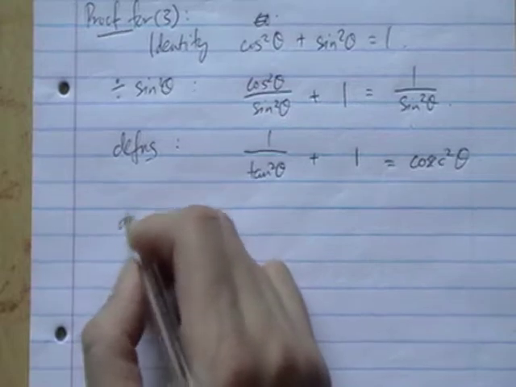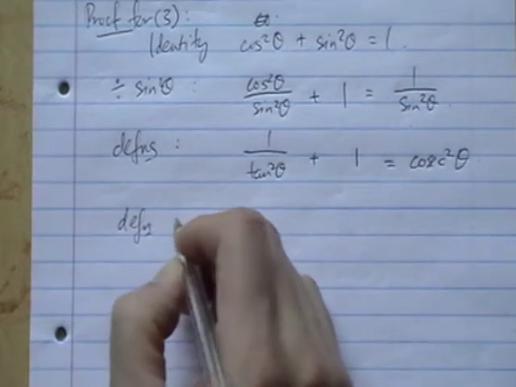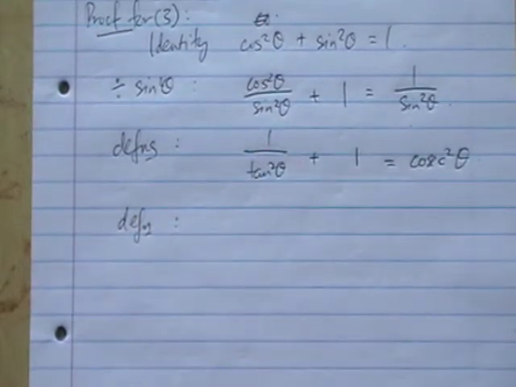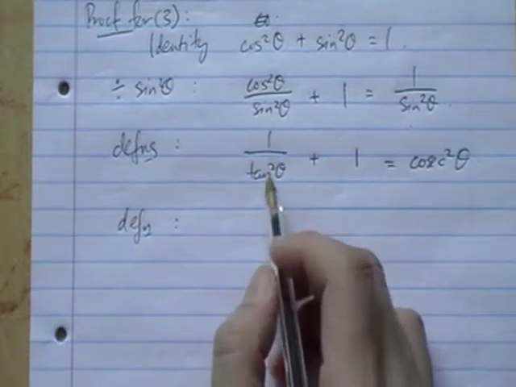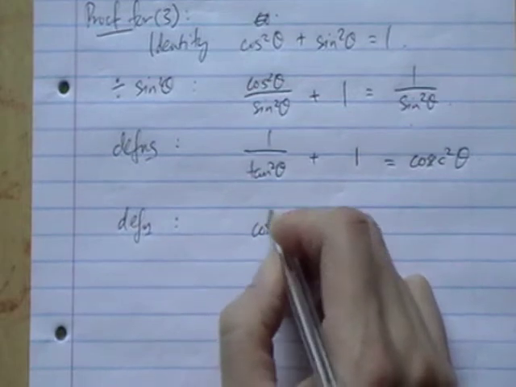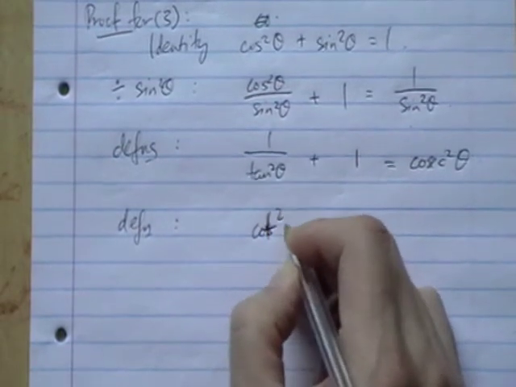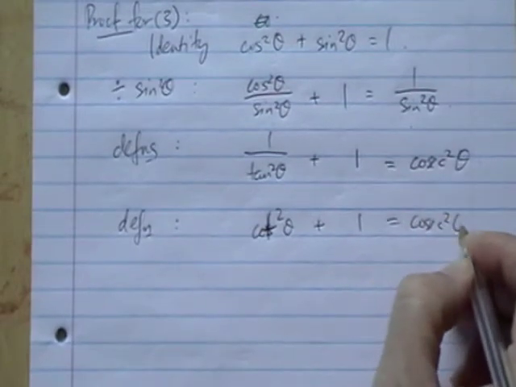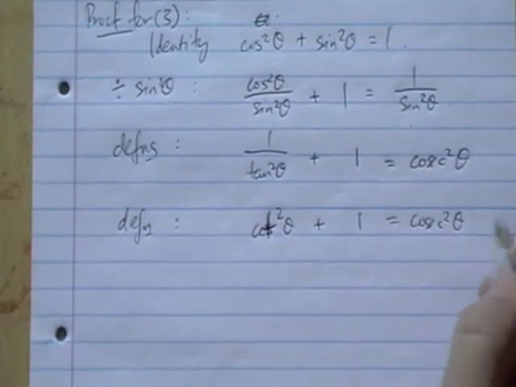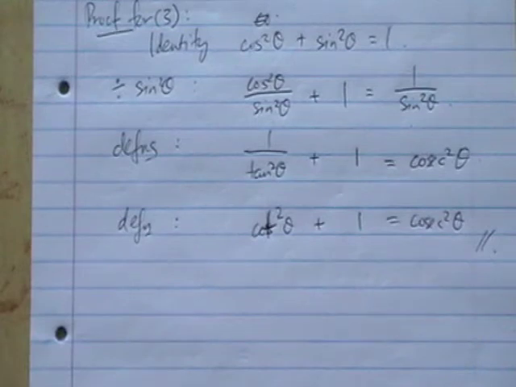And again, using the definition of cotangent, remember cotangent is 1 over tangent. So 1 over tangent squared is the same as cotangent squared. And this is the third identity that completes the proof. We'll stop here.